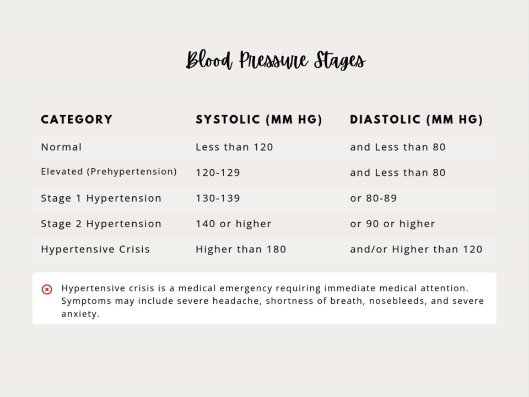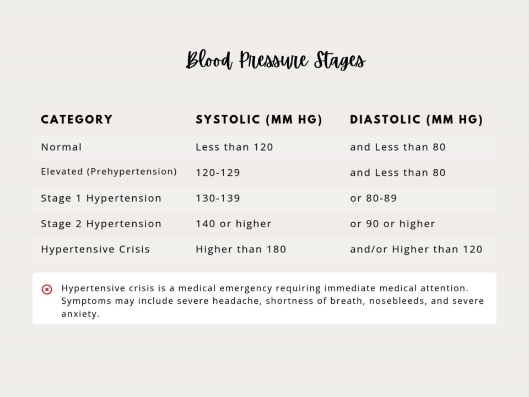Blood pressure stages. Unlike pulse and respiration, when you're talking about blood pressure per age, with pulse and respiration, as you age, those numbers get lower, whereas as you age, blood pressure gets higher. So infants and newborns' blood pressure is typically lower than what a normal is for an adult.